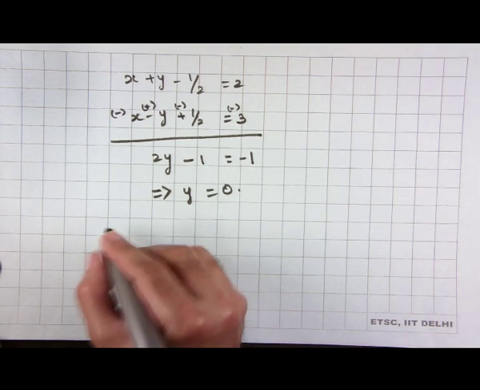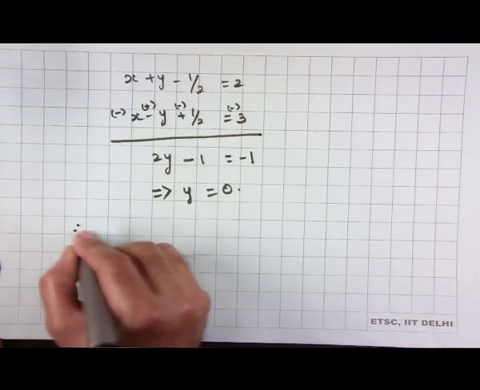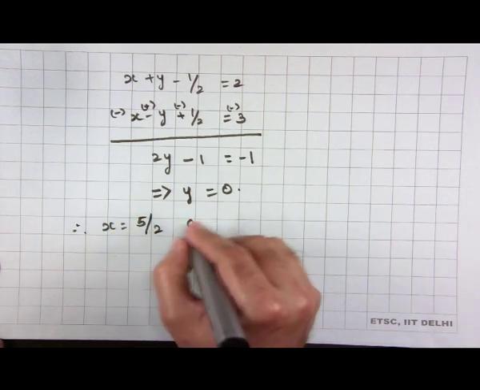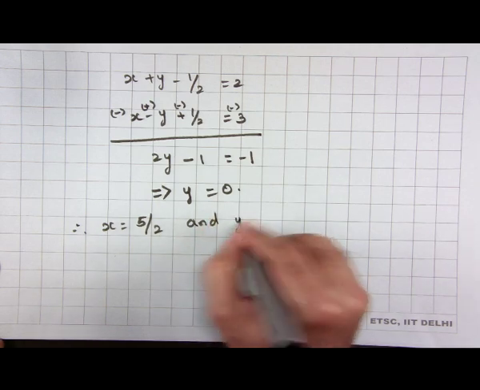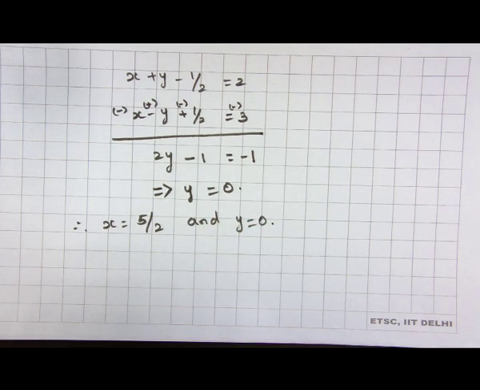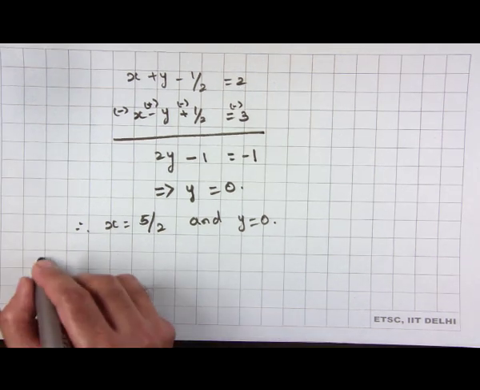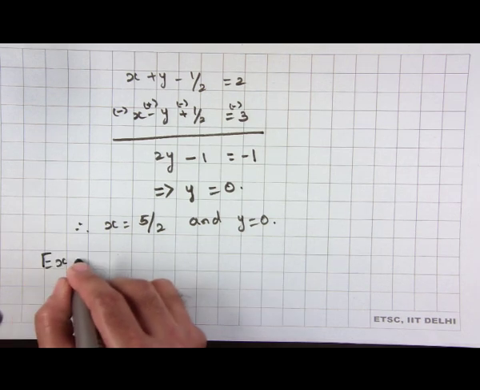So, therefore, x equal to 5 by 2 and y equal to 0. Fine.